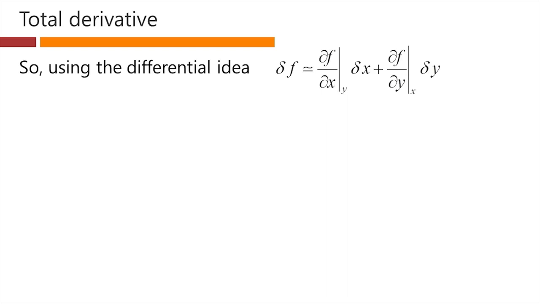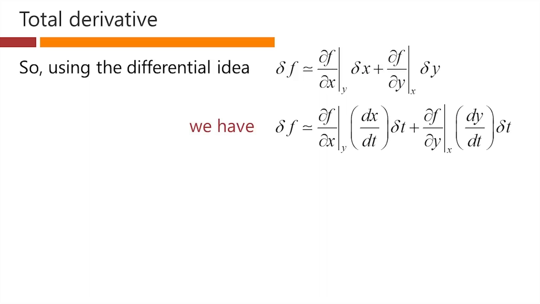So, using our differential idea, we're going to substitute in for the delta x and the delta y what we know from our velocities and the amount of time that has passed. Our delta x was our velocity in the x direction times delta t, and our delta y was our velocity in the y direction times delta t.